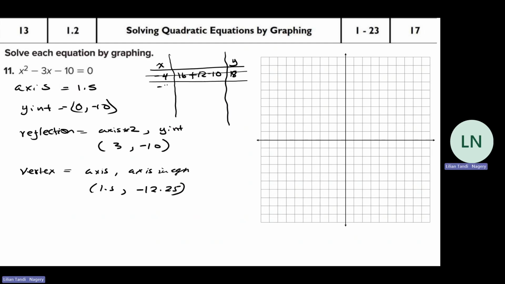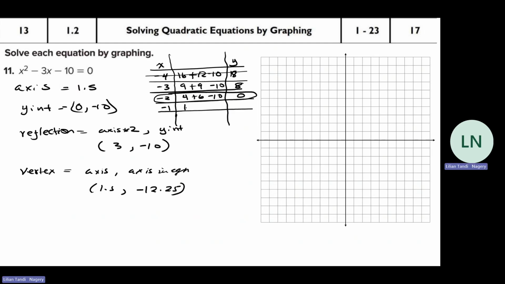Okay. -3 will give me 9 plus 9 minus 10. That should give me 8. Okay, that I have on my graph. -2 will give me 4 plus 6 minus 10. That gave me 0. So one of my solutions. So then I did -1.